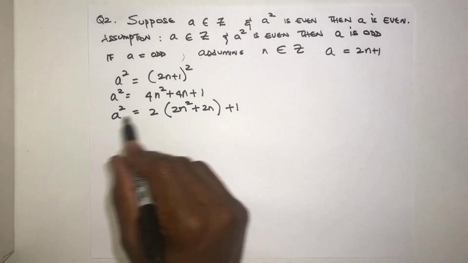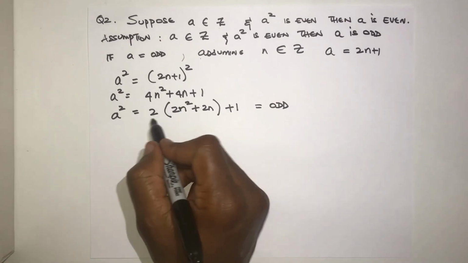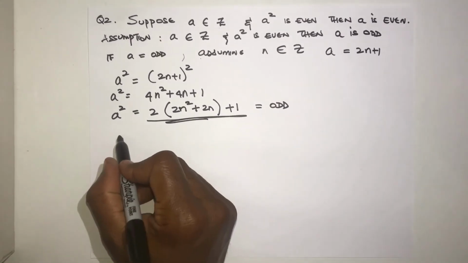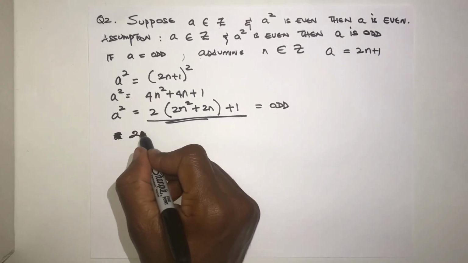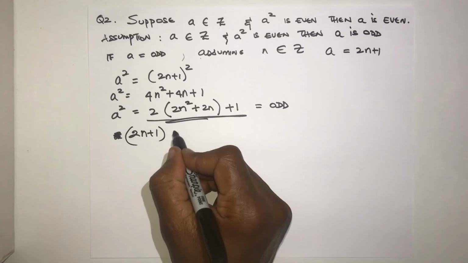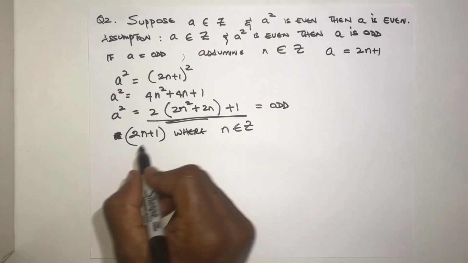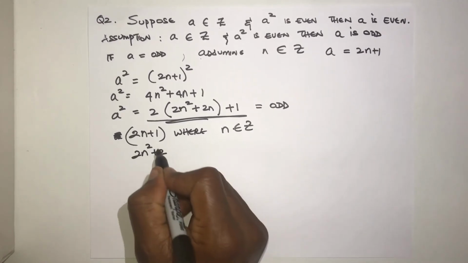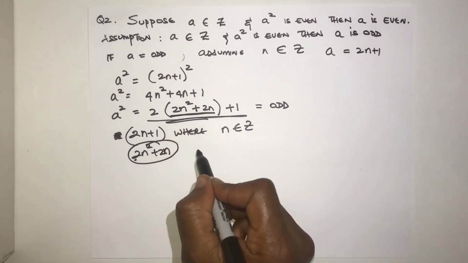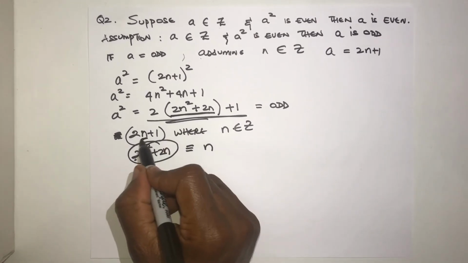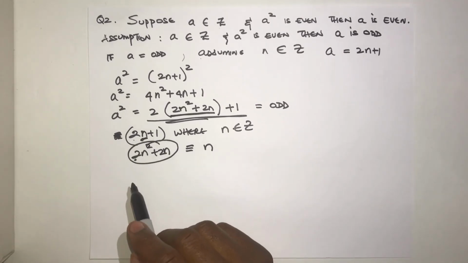And as you can see, this here is odd because this is in the form of an odd number, which is 2n plus 1, where n is an integer, and in this case 2n squared plus 2n would be equivalent to what n is as an integer in the odd formula of 2n plus 1, right?